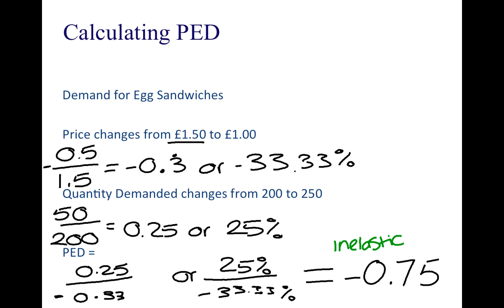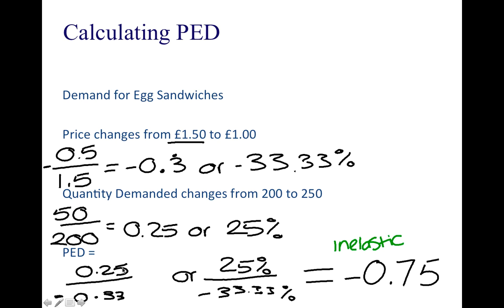If we work through this, we've got the percentage change, the change over original, so it's 50p change over original. We can see that it's a decrease, so it's a negative figure, and it's coming out as a third there. And then the quantity demanded changed from 200 to 250, so it's 50 over 200, 0.25 or 25%.